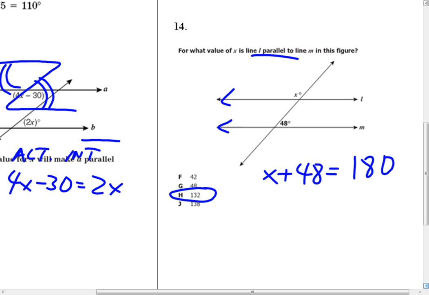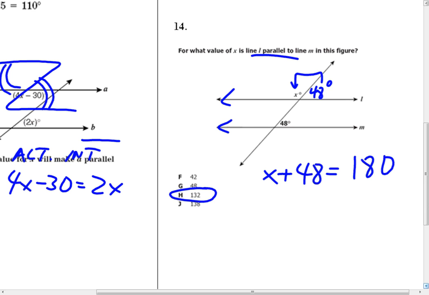Page 130. So if there really isn't a specific name that I can give those, I could do something like this. Why is that angle 48? Corresponding. And then why is 48 plus x going to be 180 there?